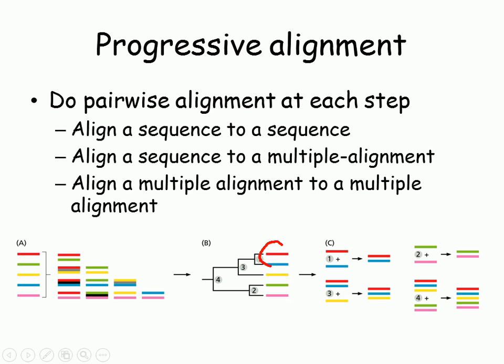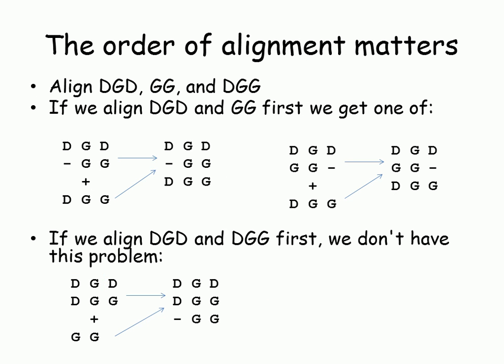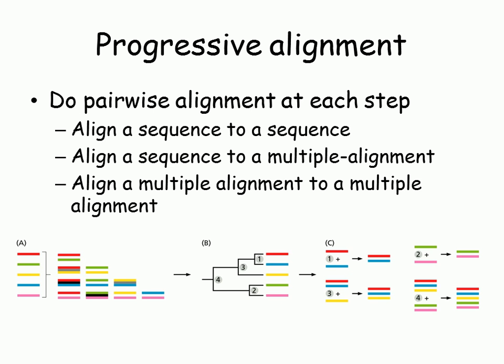Once we align two sequences or align 2 groups, that alignment is sort of set in stone. We don't change it anymore. So we take it and then we add more things to it.